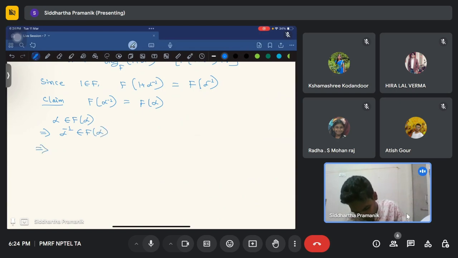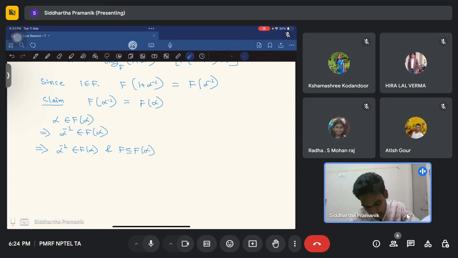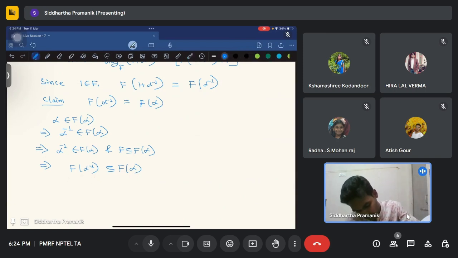So that will imply alpha inverse belongs to F(alpha), and F is a subset of F(alpha). So F(alpha) will contain F(alpha inverse), because this is the smallest field containing F and alpha inverse, and F(alpha) is a field which contains F and alpha inverse.